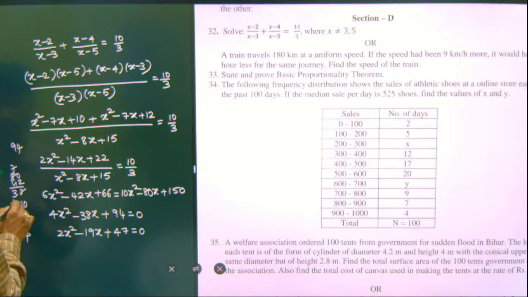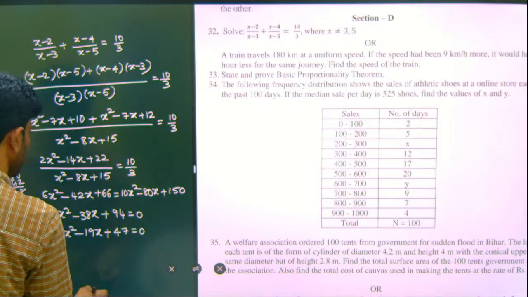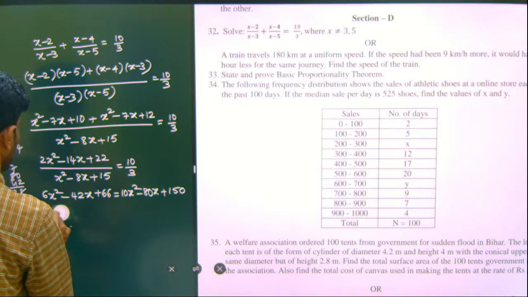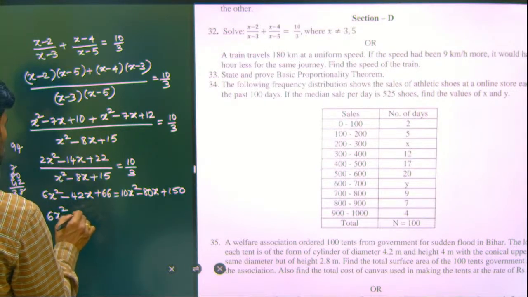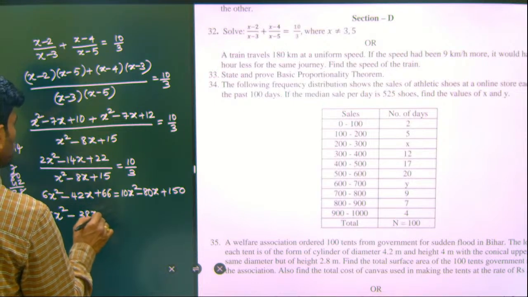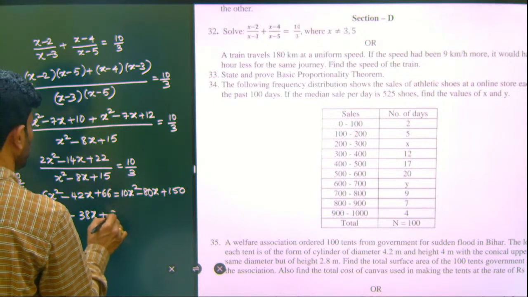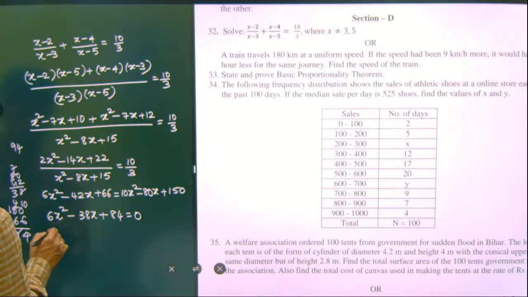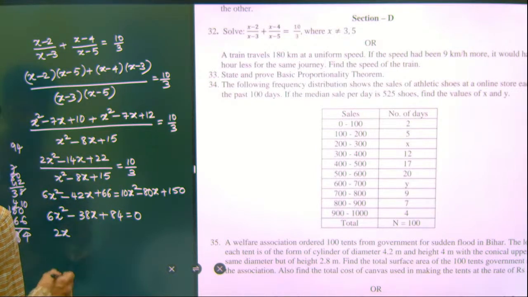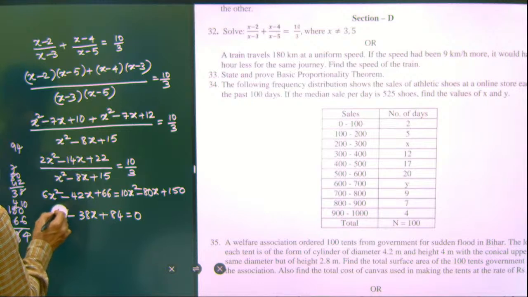This is 10, then this is 4, this is 80, so it is 84, not 94. So it is 84, 6x square minus 38x plus 84 is equal to 0. So now if you divide with 2, 2x square, oh again I wrote wrong, this is 4x square.